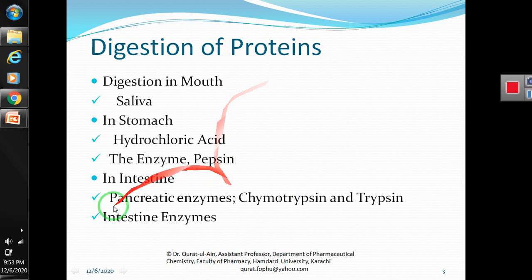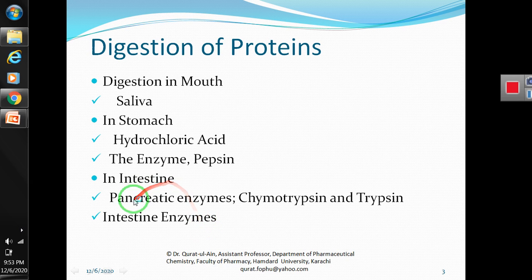And in the intestine, peristalsis movement helps with the mechanical digestion. For the chemical digestion, the pancreatic enzymes trypsin and chymotrypsin help.